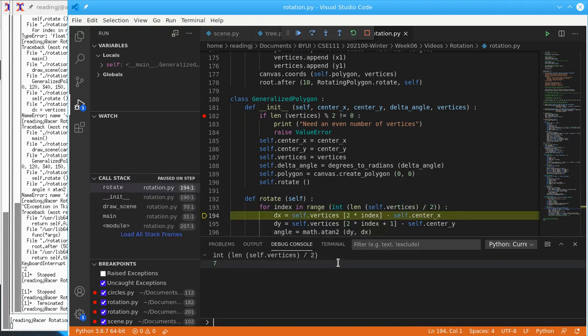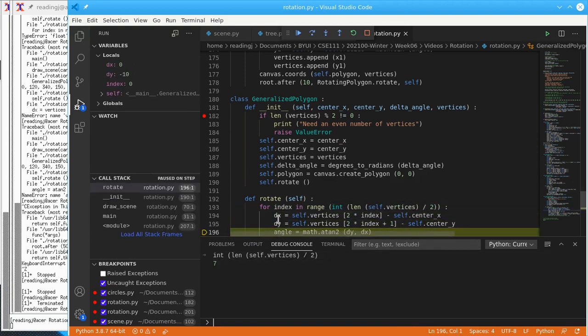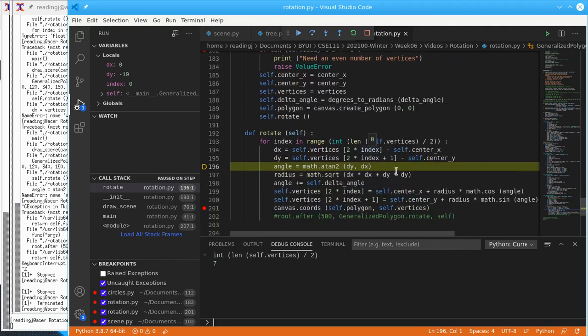dx, oh, dx is 0, dy is -10. Now there's a problem, because atan(2) should give me an error if dx is equal to 0.